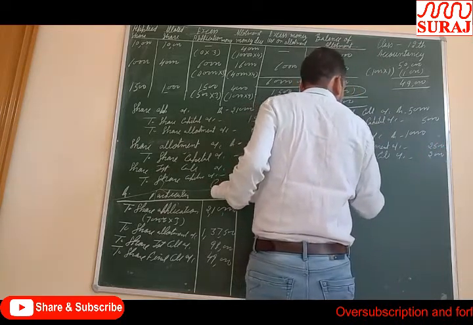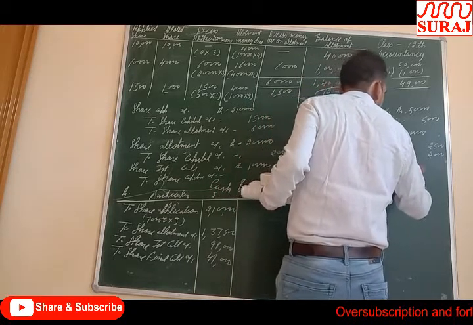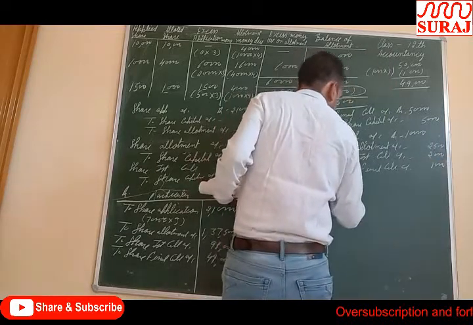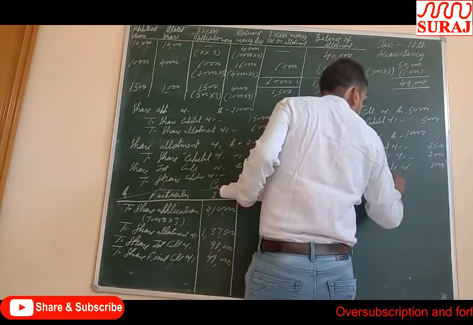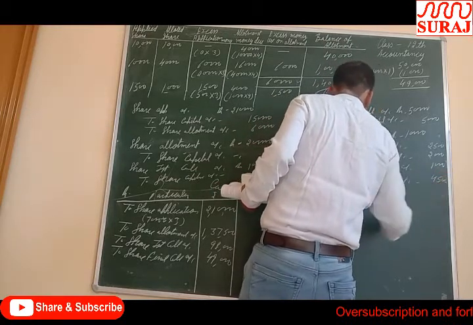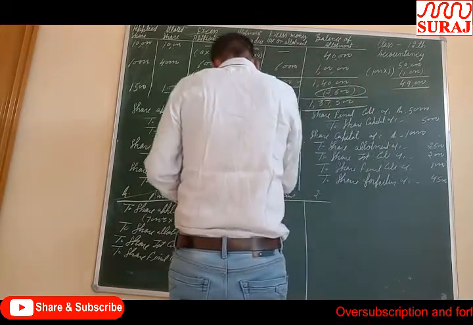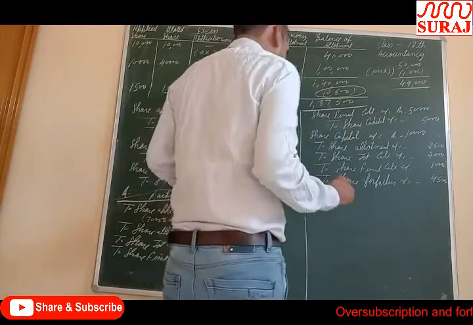To share final call account, 1,000. To share forfeiture account, 4,500. Out of this, 600 shares will be reissued as fully paid at 8 per share.